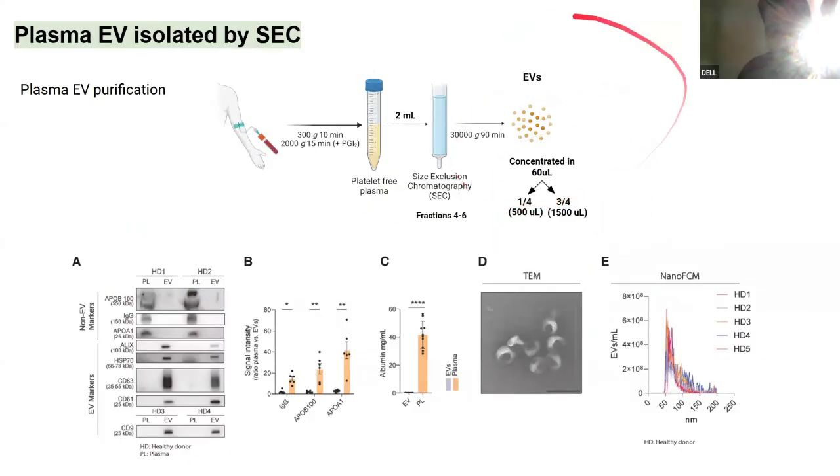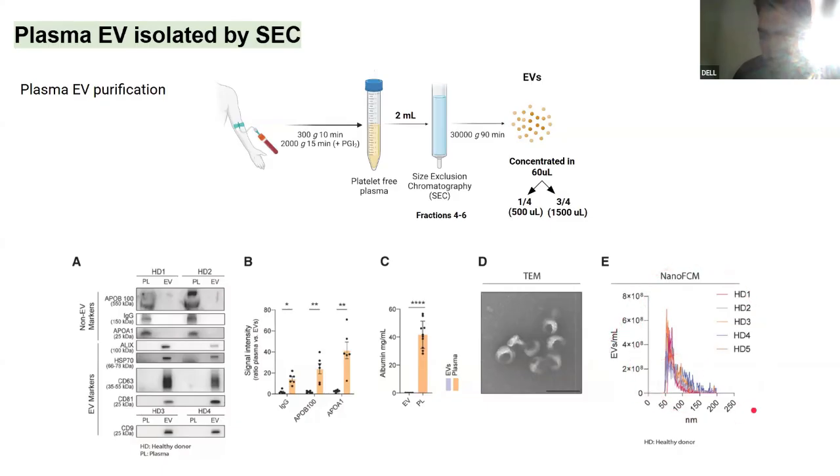The EVs isolated from 2 milliliters of plasma were concentrated in 60 microliters of PBS, and then we decided the doses. This 1/4 is for the low dose, and this 3/4 is the high dose. So this is the approximation of the concentration.